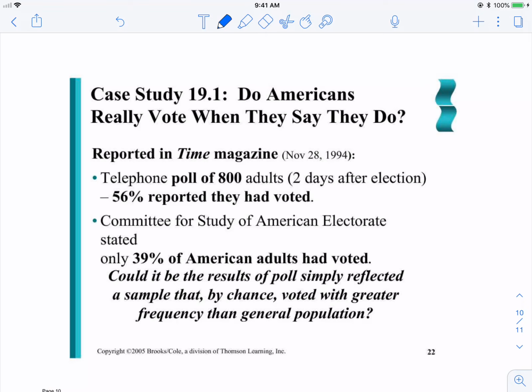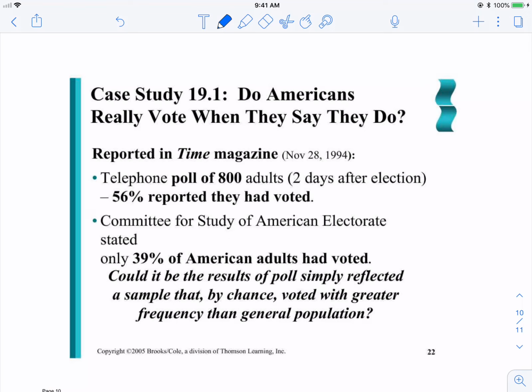Looking at the 1994 midterm election, there was a telephone poll done of 800 adults 2 days after the election, and 56% of the people surveyed reported they had voted in the election 2 days prior. So that's a pretty quick snapshot.